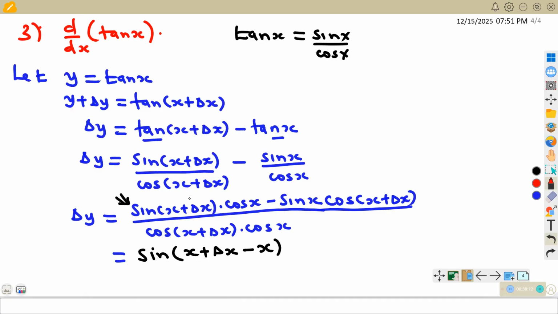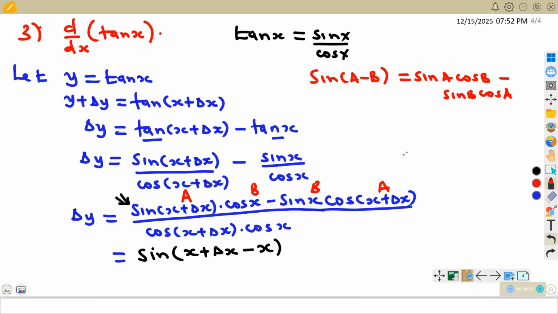Let us look at that. When you take this one to be your a, this is x plus delta x, and x to be your b. When you look at this, this is your b, and this is your a. If you recall very well, sine of a minus b is the same as sine of a cos of b minus sine of b cos of a. As she has said, this is an expansion of sine of a minus b.